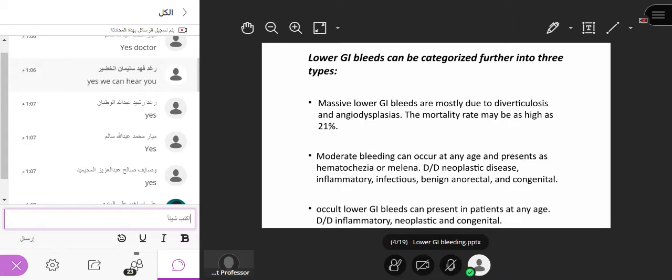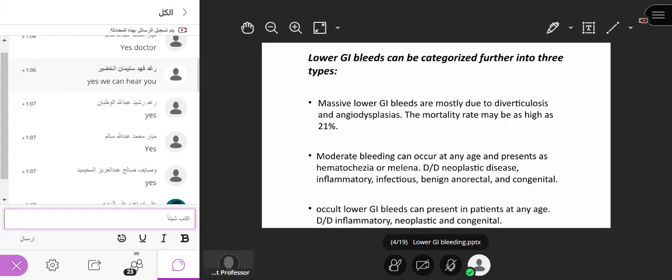Occult means no visible blood, you find it microscopically, and these are inflammatory, neoplastic, and congenital causes. Diverticulosis and angiodysplasia may present as massive bleeding, and less massive, which we call moderate, occurs at any age and presents as hematochezia. Hematochezia means fresh, bright red blood. Melena means dark, tarry, and sticky stool.